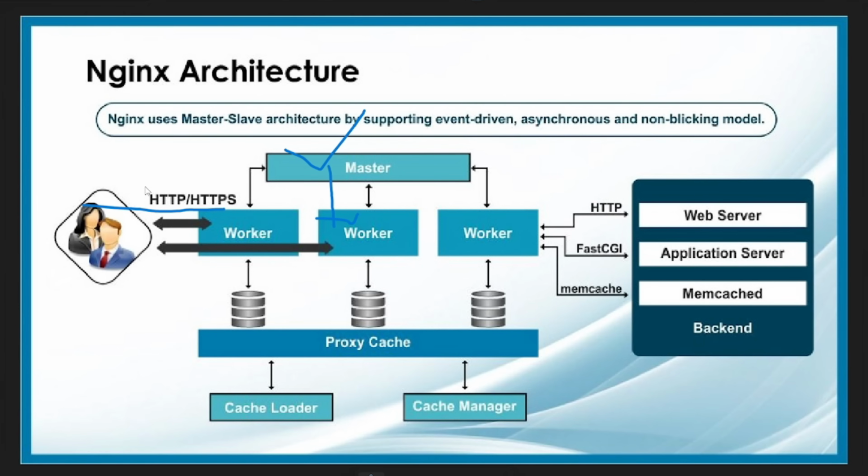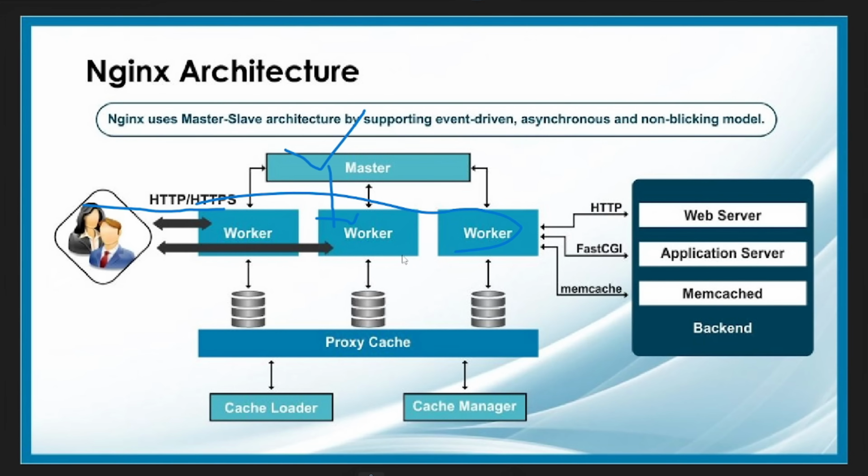So whenever we make a request to access any resource or any web service, there must be an Nginx to handle it. When a client makes a request from a browser, it goes to Nginx first. If you have already installed and configured it, the responsibility of the master process is to manage worker processes.